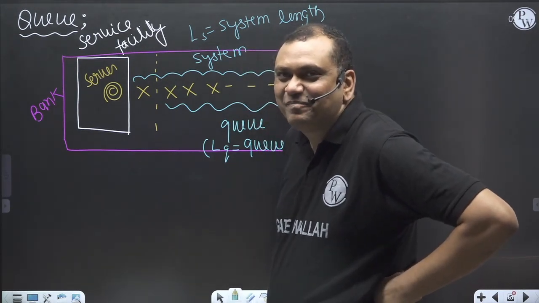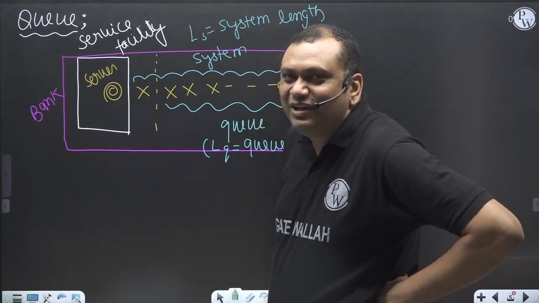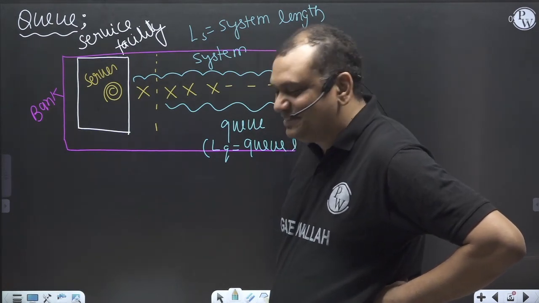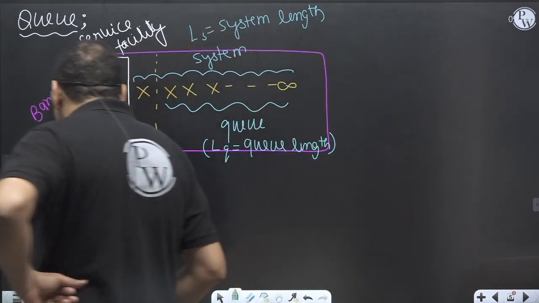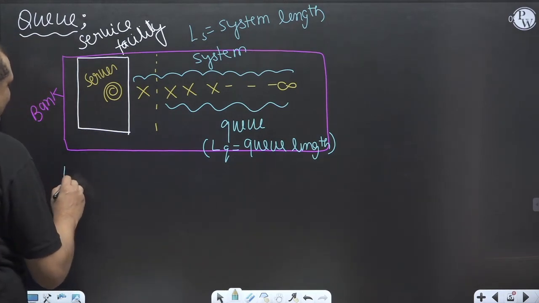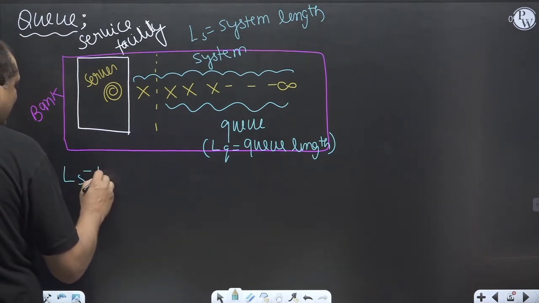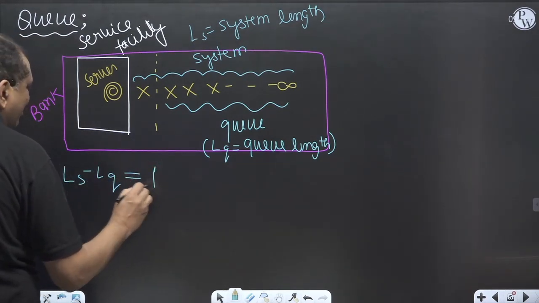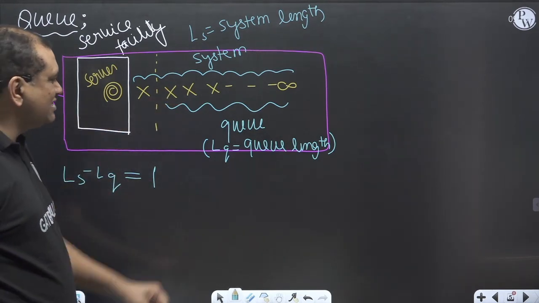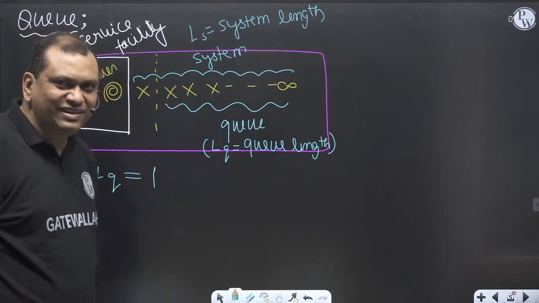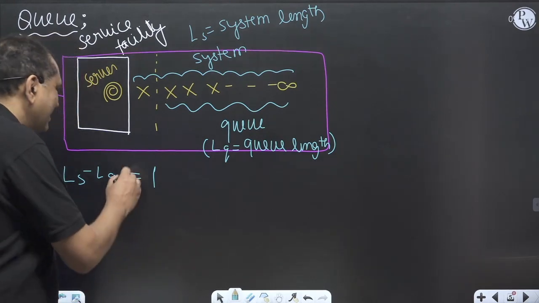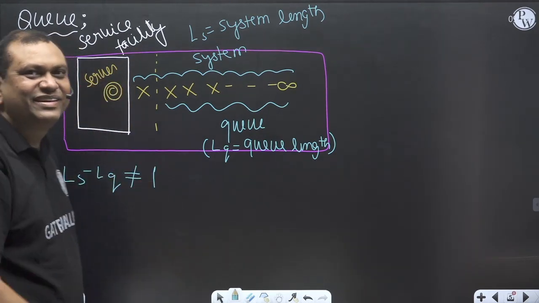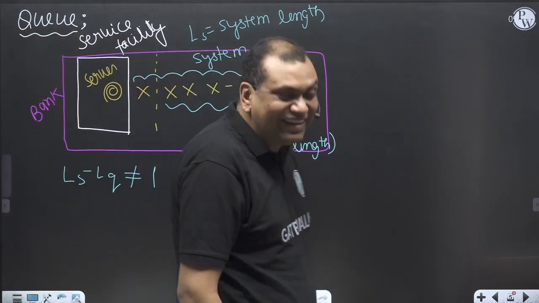Now you will get an intuition that if this is the case, Ls minus Lq should be equal to 1. It will not be equal to 1. You know why?